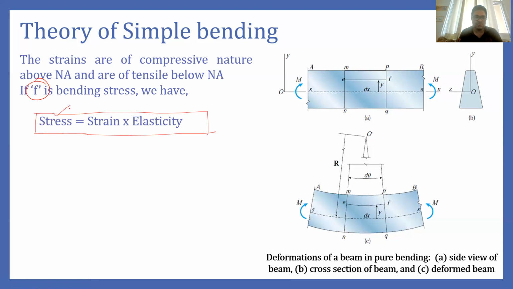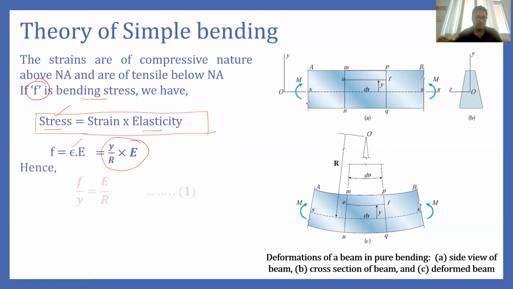Now here, if the stress is bending stress, which is F, we can write F is equal to strain into elasticity. Strain is epsilon and elasticity is E. We have just calculated epsilon in terms of y and R. So we can write F is equal to y by R into E. So bending stress is equal to y by R into E.